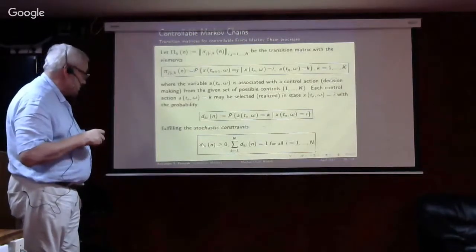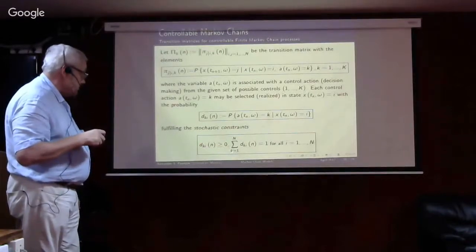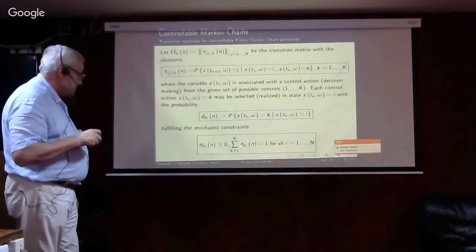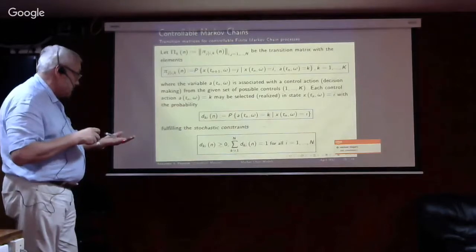These probabilities are greater than or equal to 0, and the summation of selection probabilities equals 1, because in each state we obligatorily should select something.